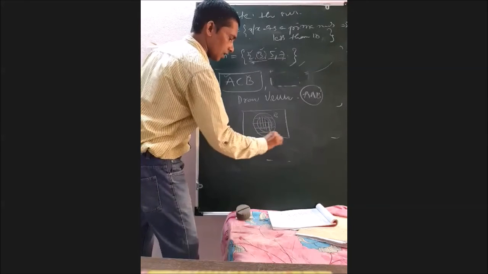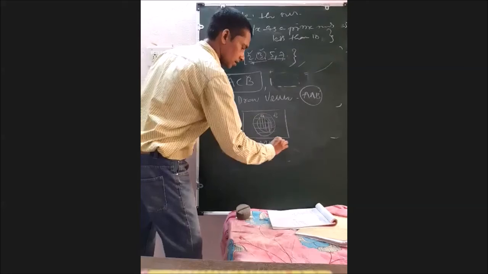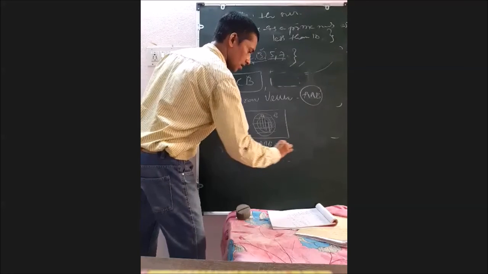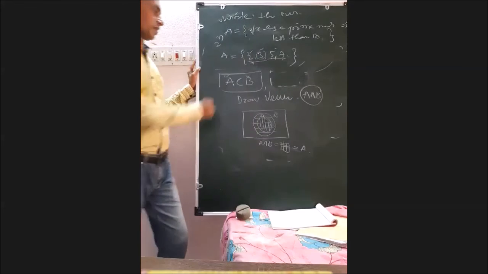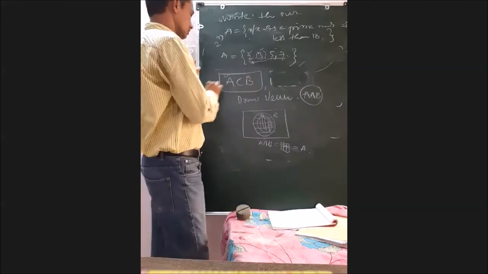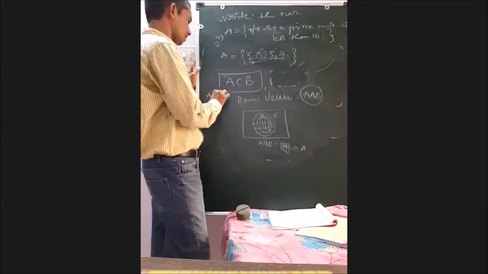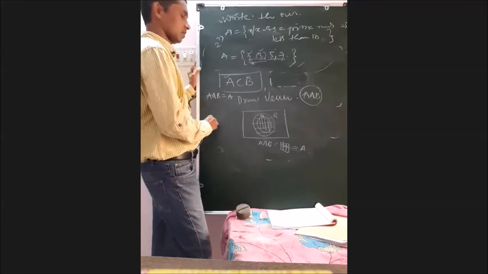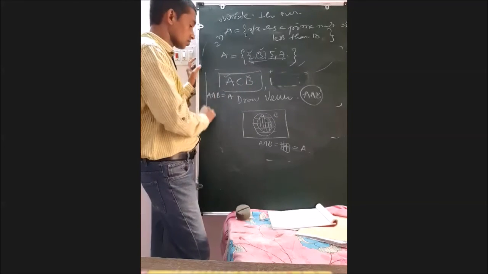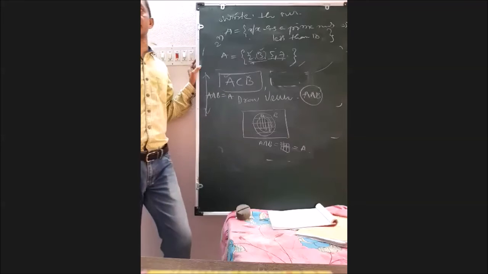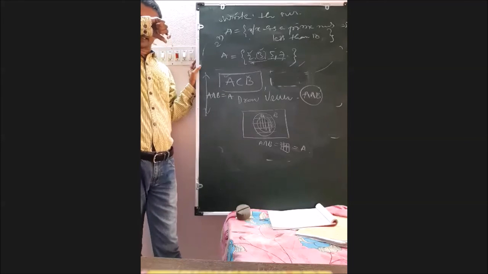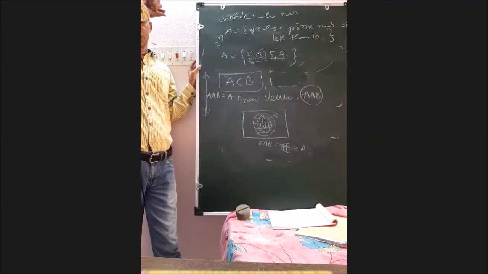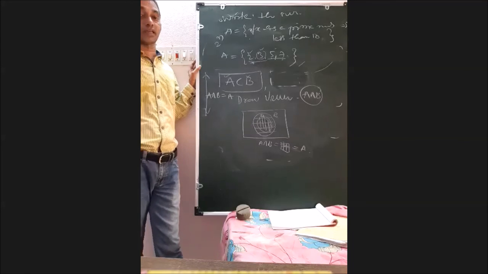This is A, it is nothing but A. So if A is a subset of B, then A intersection B is equal to A. This is the way some questions may come across in the exam. So don't underestimate the sets, but you have to be very keen while answering the questions.